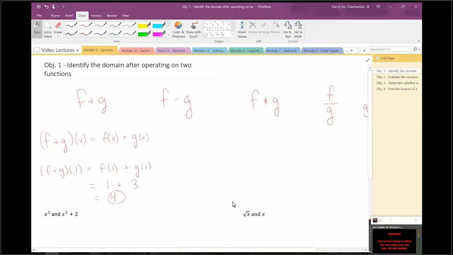So, our first task, beyond just adding, subtracting, multiplying, or dividing these functions, would be to figure out what is the new domain after we do this.